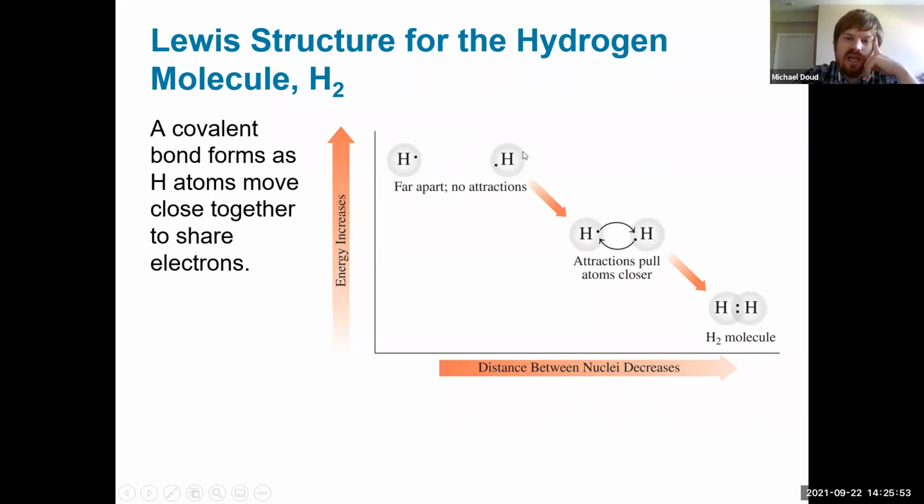Now, each of them being the same, neither of them is going to pull the electron off of one or the other. But what they can do as they come closer together, they can actually arrange to share their electrons. So rather than this one having one and this one having one, instead they share two in the middle and form this molecule here.